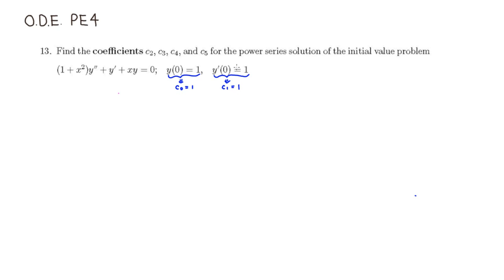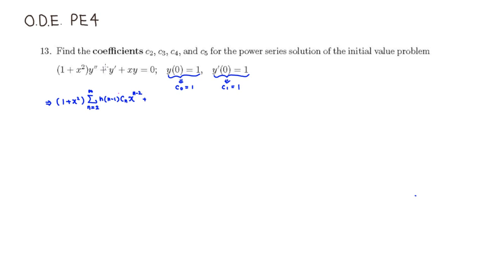All right, so let's look at the differential equation here. So here we have a quantity 1 plus x squared times y double prime, so it's going to be a summation, n goes from 2 to infinity, n times n minus 1 times Cn x to the n minus 2, right?